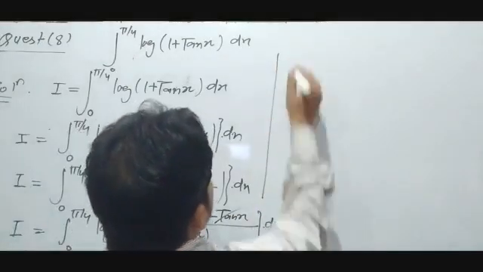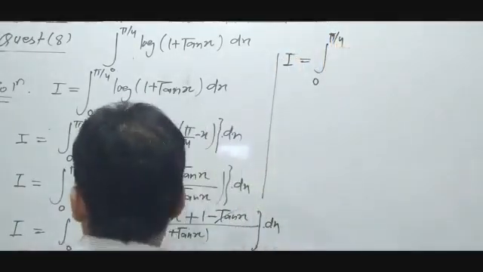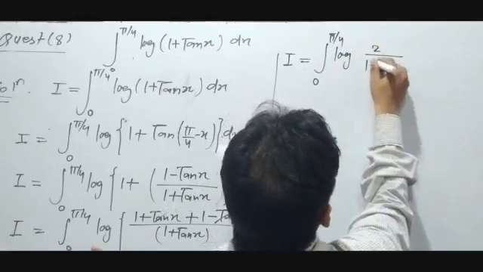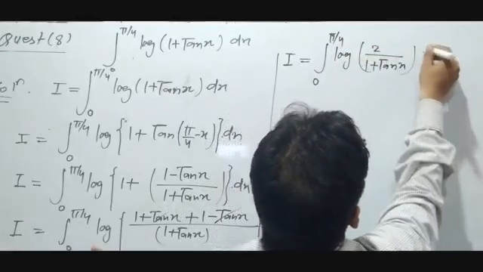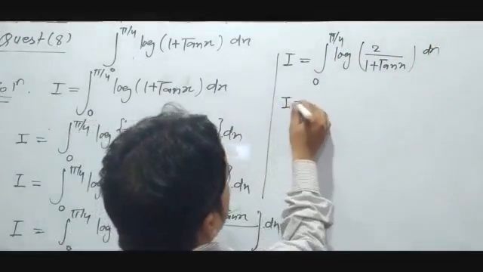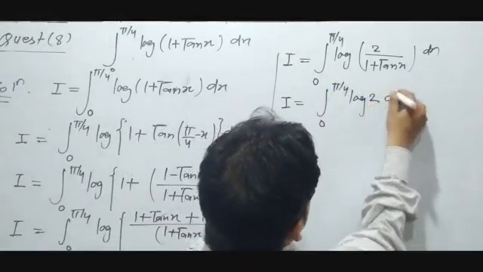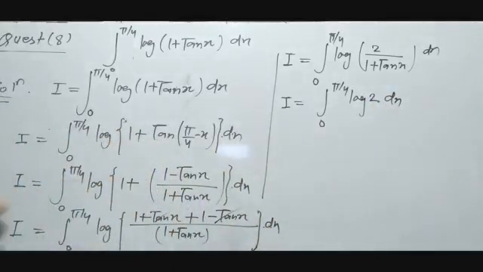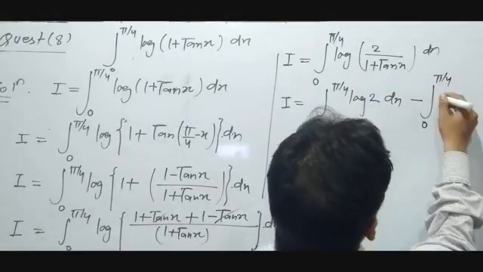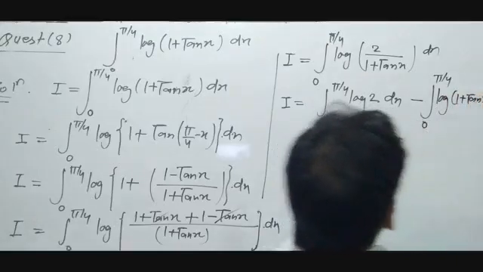So new step will be I is equal to integration over 0 to pi by 4 log of 2 upon (1 plus tan x) dx, and log of m by n formula, I is equal to 0 to pi by 4 log of 2 dx with minus sign, integration over 0 to pi by 4 log of (1 plus tan x) dx.